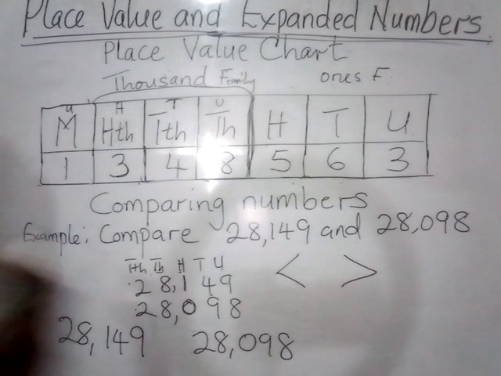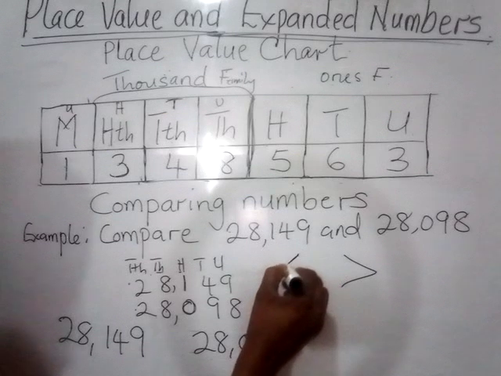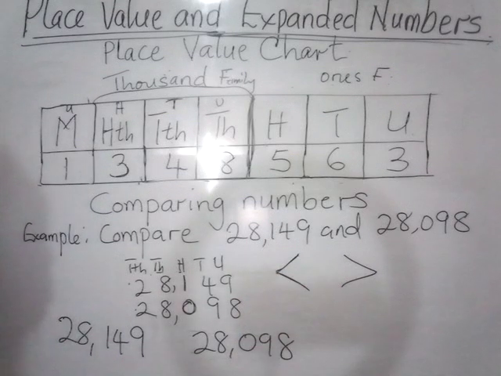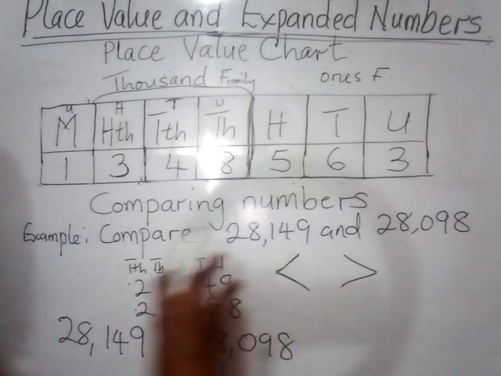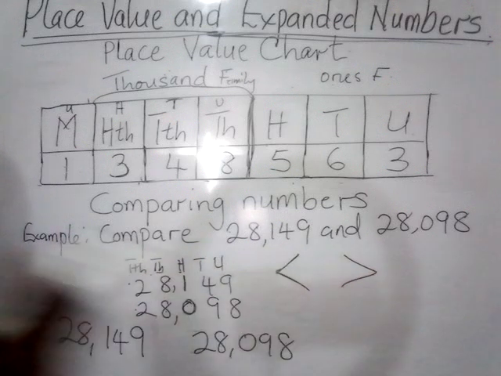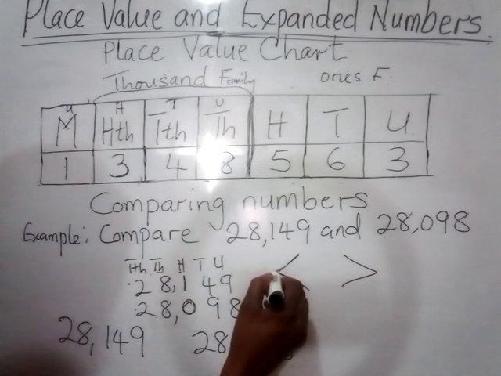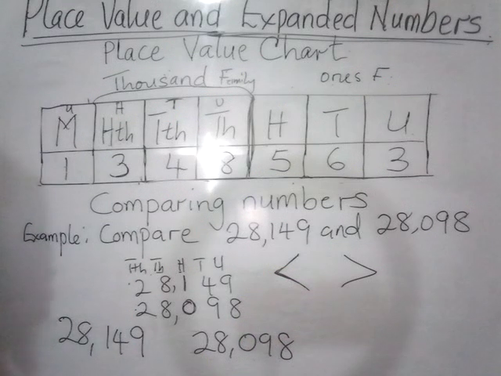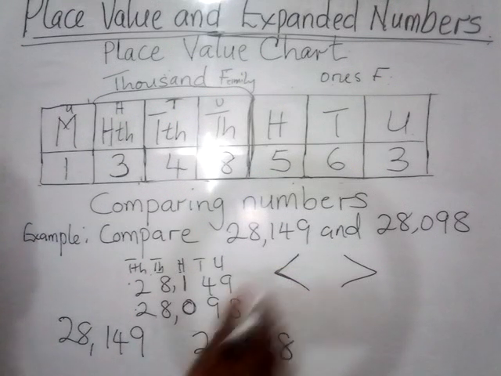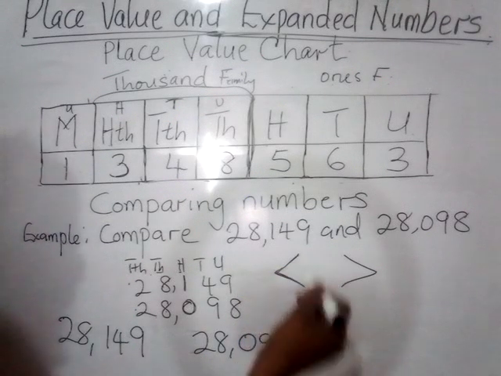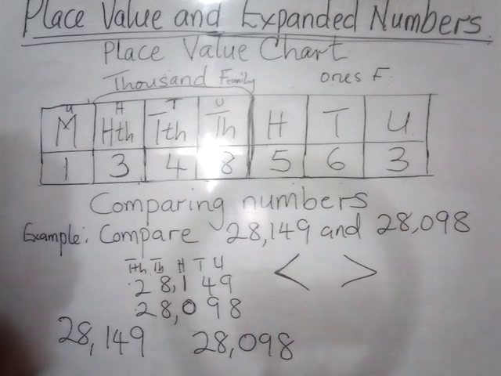If you look at this symbol, it looks like a crocodile with its mouth open. The mouth of the crocodile is always open in the direction of the bigger number, and it closes up at the smaller number. So if you are using this, you make sure the open end faces your bigger number.